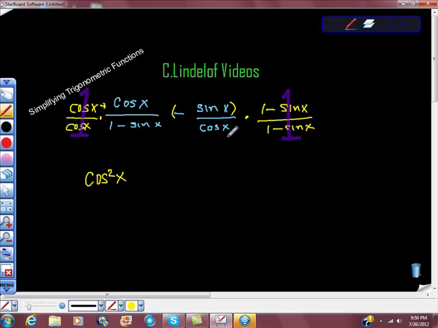So negative sine x times 1 is minus sine x, because we're multiplying negative sine x times positive 1. And then we're going to multiply negative sine x times negative sine x, which is positive sine squared x, not sine x squared. It's a big difference.